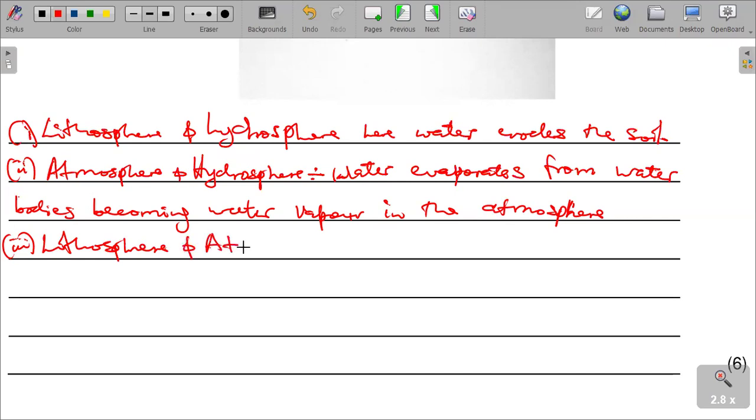Lithosphere and atmosphere. What happens again is that volcanoes erupt, shooting gases and dust into the atmosphere.